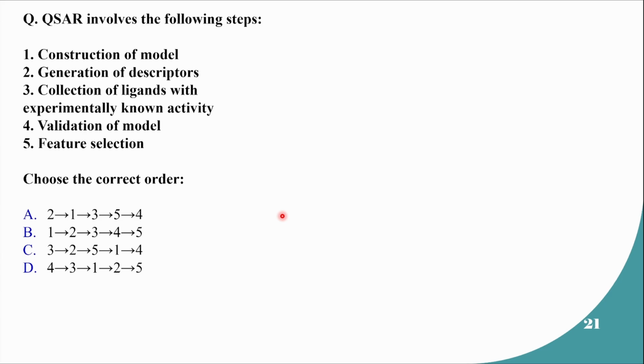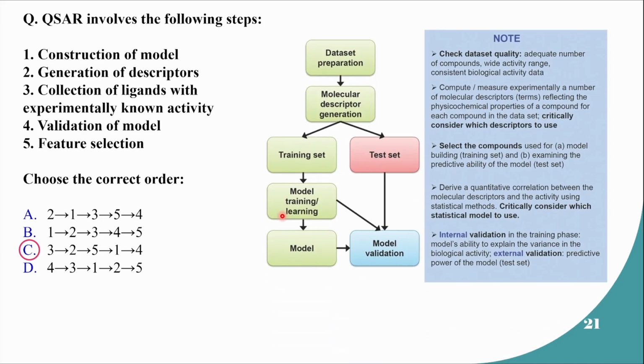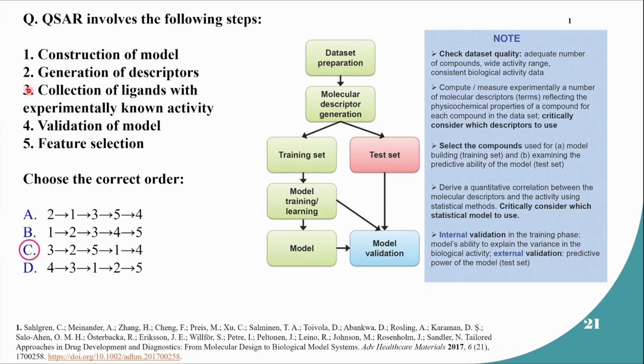So the first step that we need to consider for a QSR model is, of course, since it relates to the structure activity relationship, we'll first have to go through the already available data that is present, based on which we will try to construct the model set. So first step in this process will be option 3, as it is mentioned here.